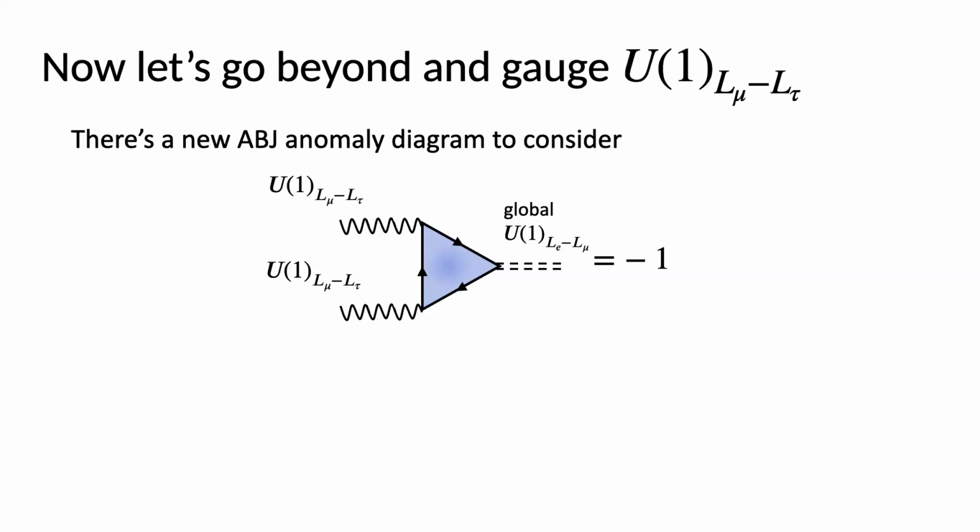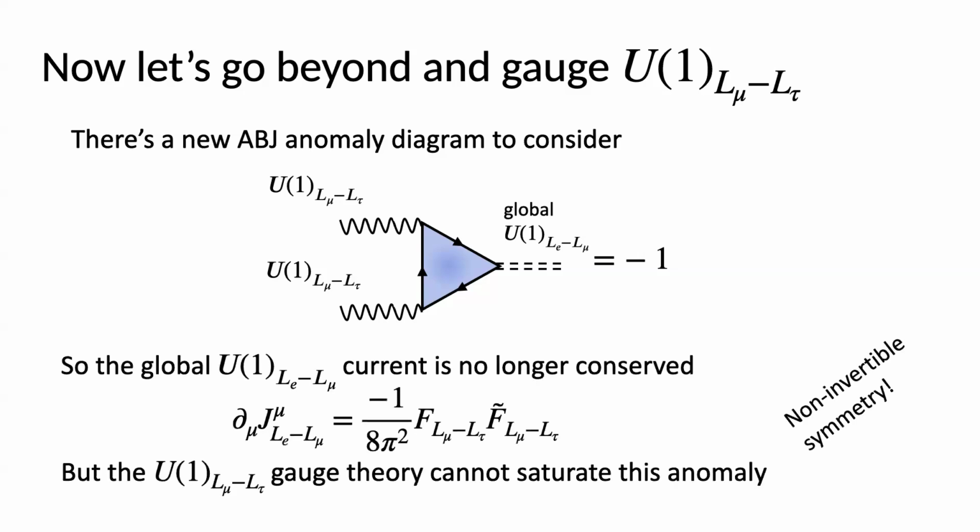But I note when we gauge L_mu minus L_tau, then there is in fact a new sort of mixed anomaly to care about. And in fact, the other lepton family difference symmetry, L_e minus L_mu, has exactly just such an anomaly. Okay, so this is exactly the sort of scenario we are interested in.